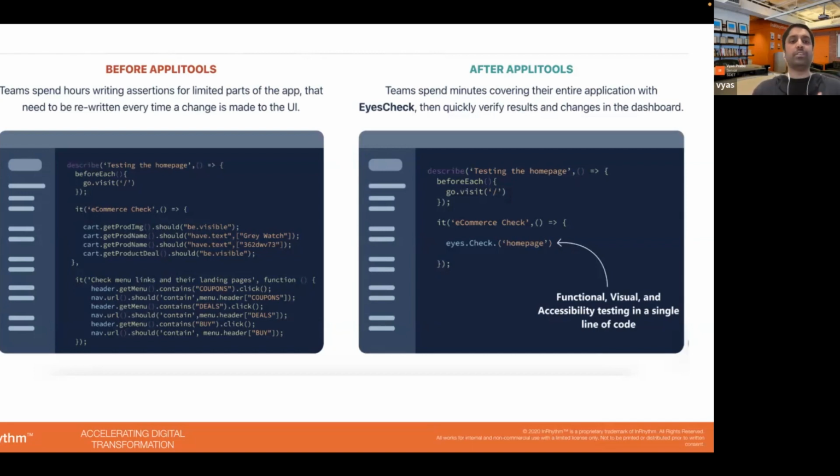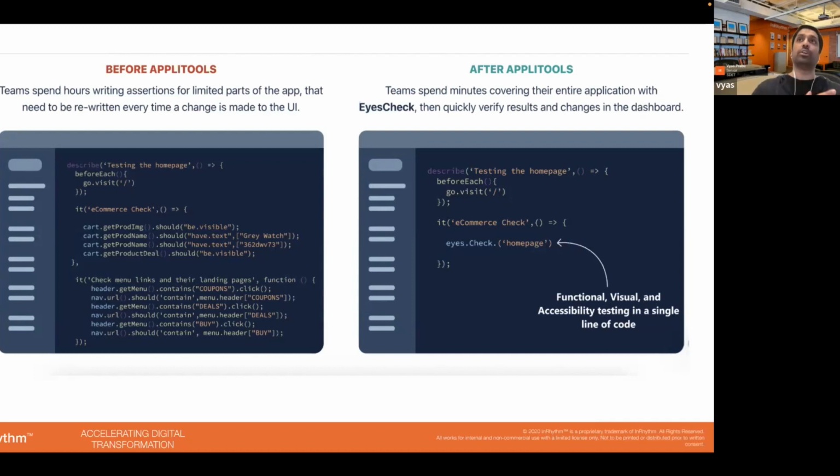So it's a bit tedious and cumbersome. There are a lot of steps involved, and if you were to update a class name in the front end, or change some CSS property, your tests would need updating. With Applitools, all you have to do is just say eyes.check, and it's going to do a full page snapshot.